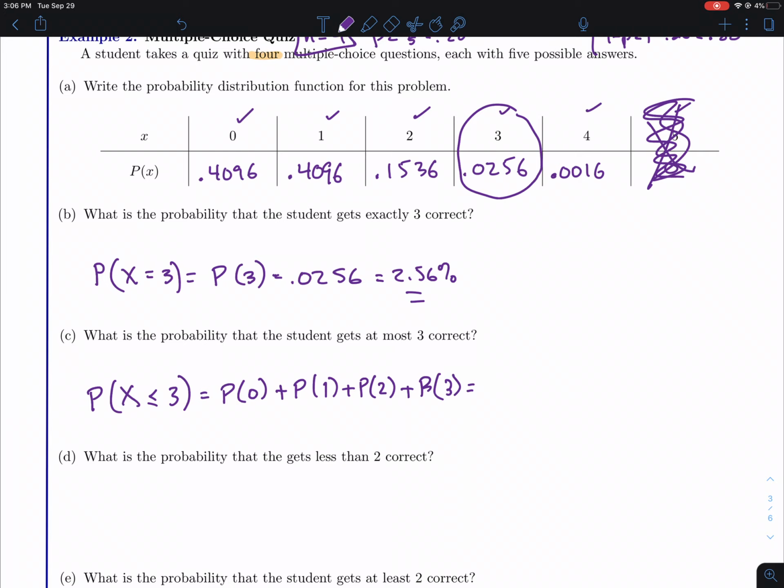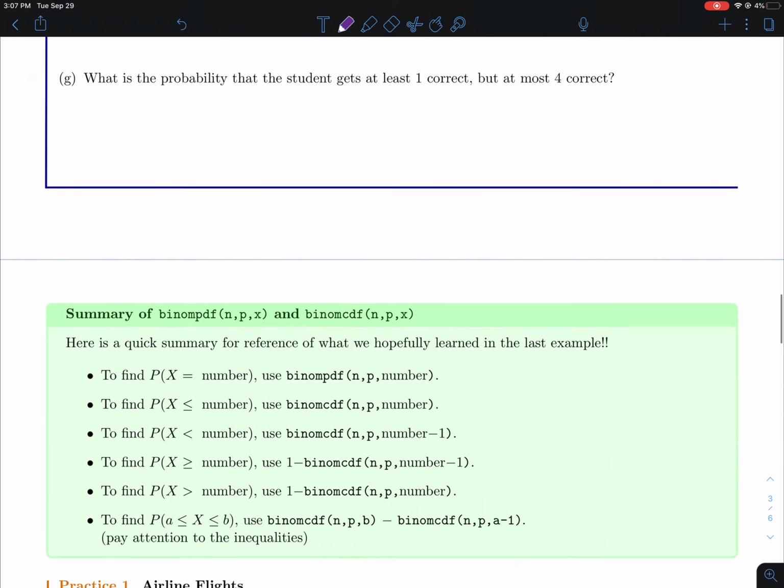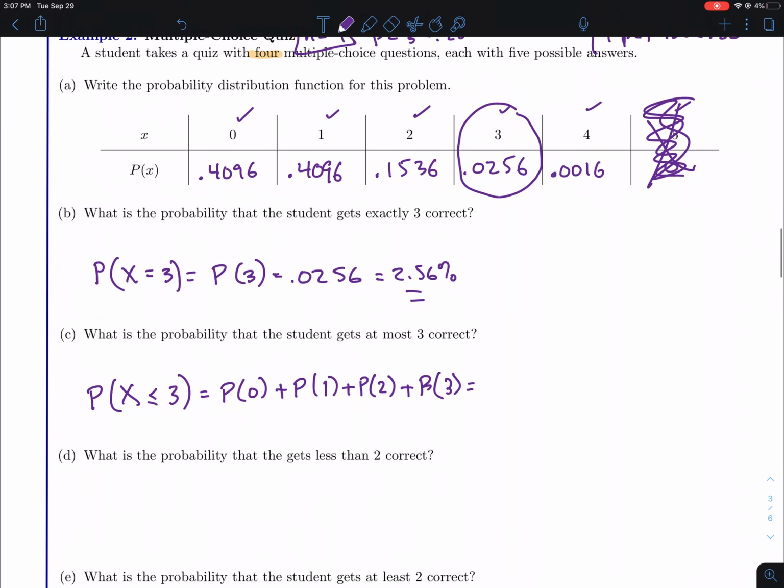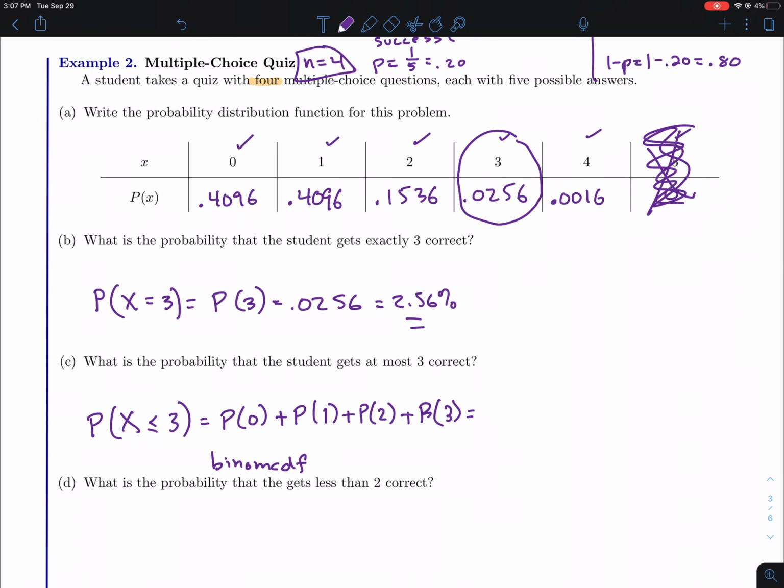But we could also use our binomial CDF, because remember, this is exactly what binomial CDF is programmed to do. It allows us to figure these out exactly. So let's go back to binomial CDF.